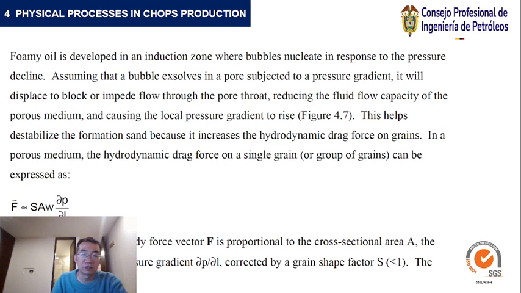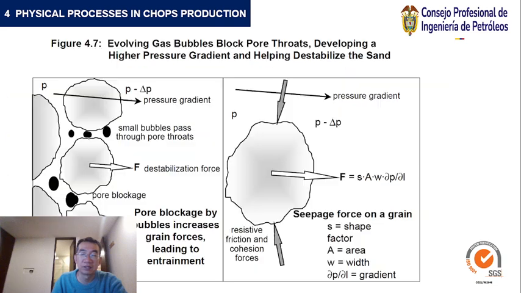The body force vector F is proportional to the cross-sectional area A of the grain, W, and the pressure gradient, corrected by a grain shape vector S. This figure shows how evolving gas bubbles block pore throats, developing a higher pressure gradient and helping destabilize the sand.